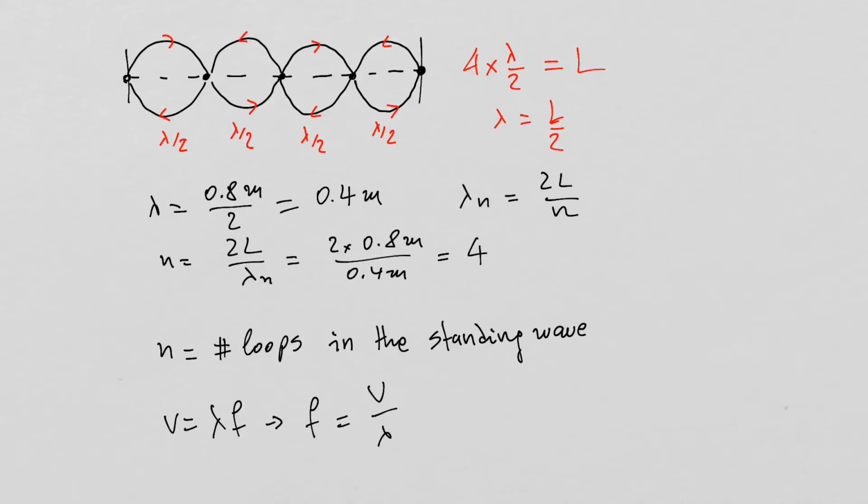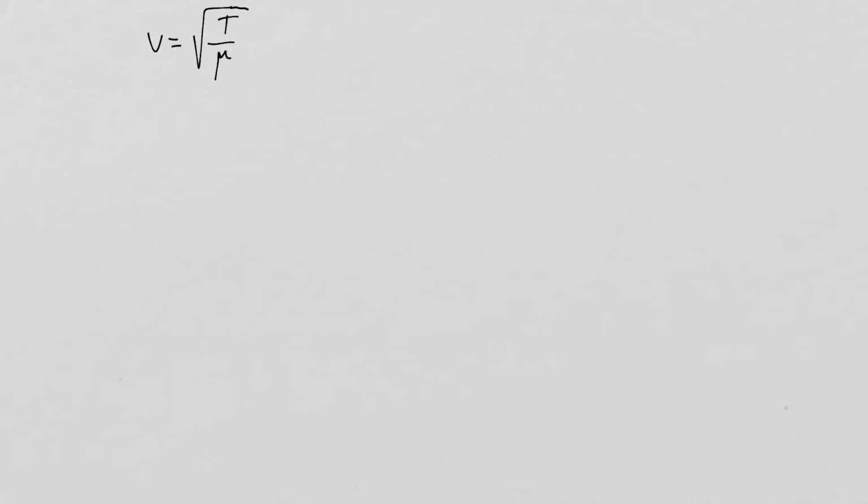The first thing that I need to do before I can do that calculation is find out the speed of the wave. The speed of the wave is equal to the square root of the tension divided by linear mass density. I know the tension, but I don't know the linear mass density.